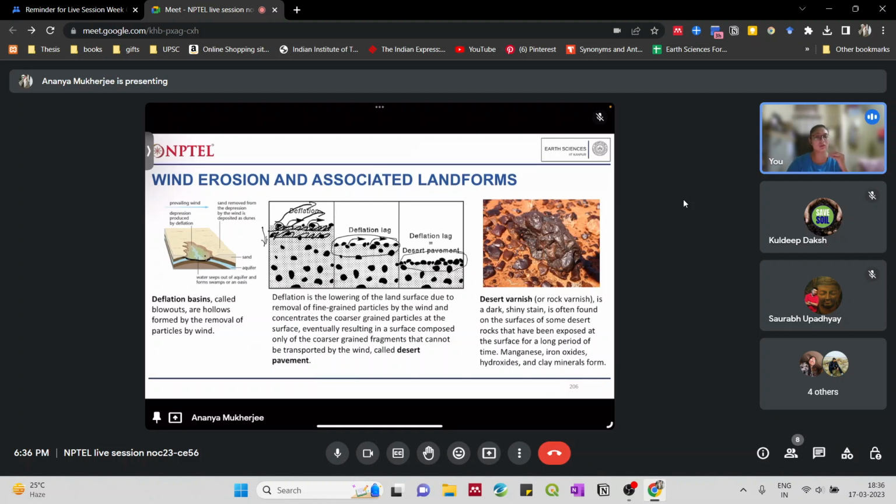This is called desert varnish or rock varnish. So this is also a feature associated with wind erosion, where the rock gets exposed to the atmosphere, and because of weathering, erosion and changes in chemical composition, a dark, glossy layer is deposited, which is called a desert varnish.